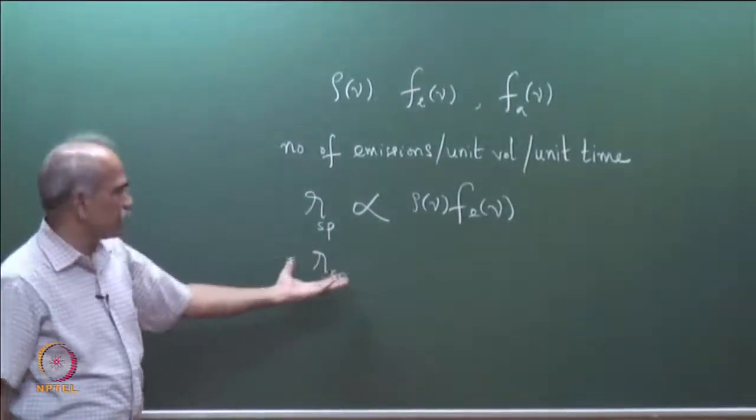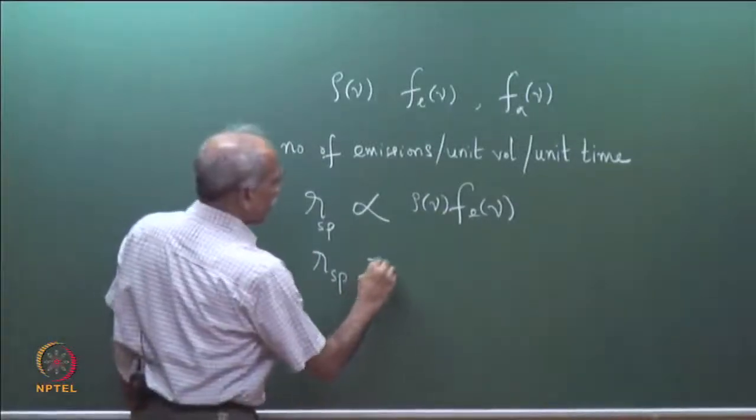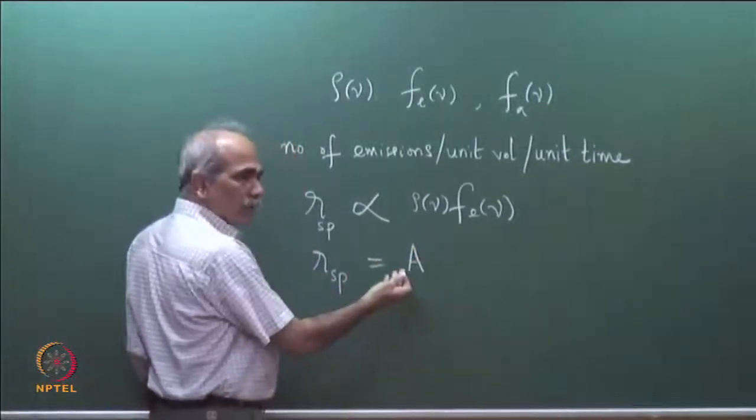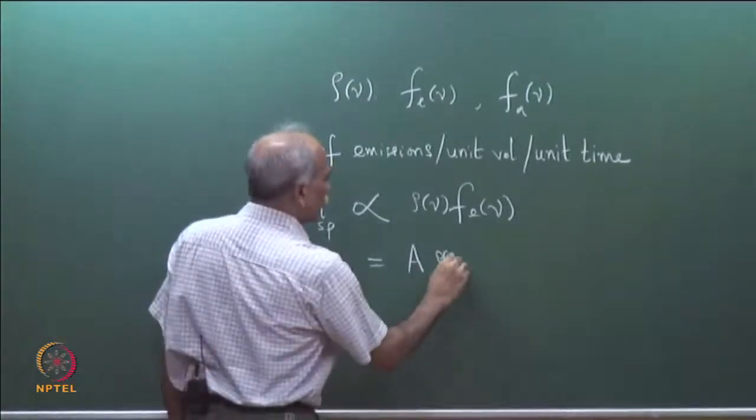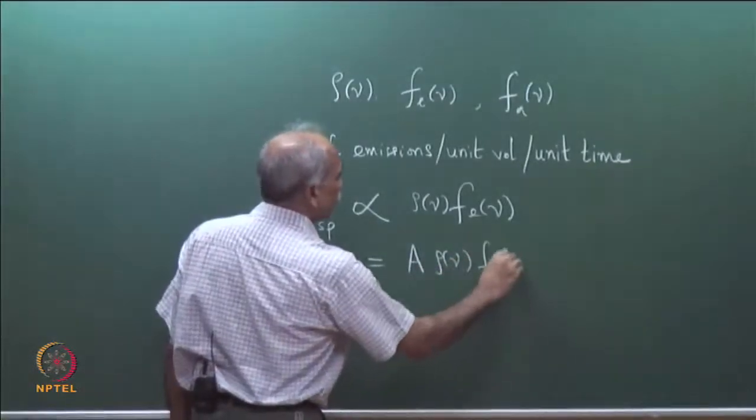Why is it spontaneous emission? I will come to that in a minute. I can write this as a rate constant A into rho of nu into Fe of nu.